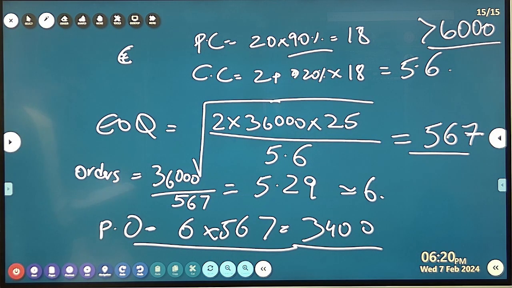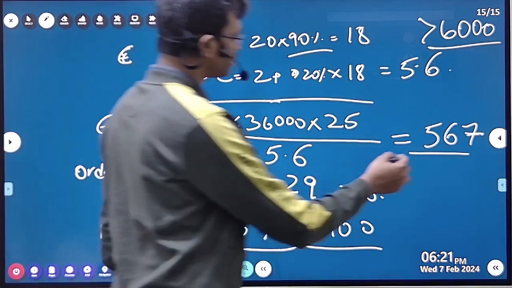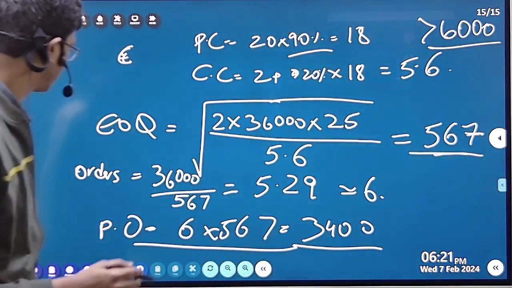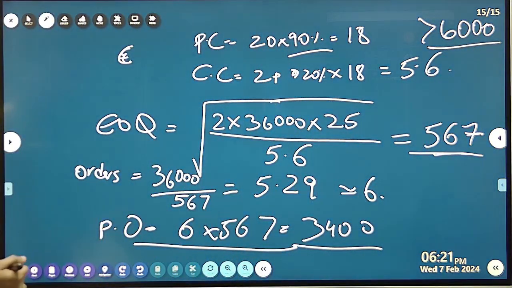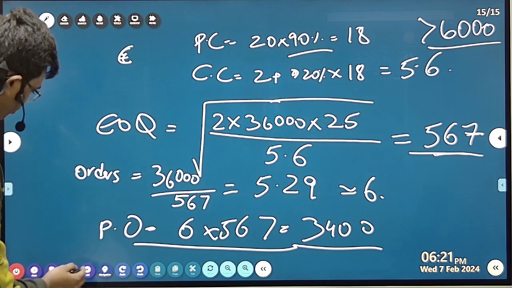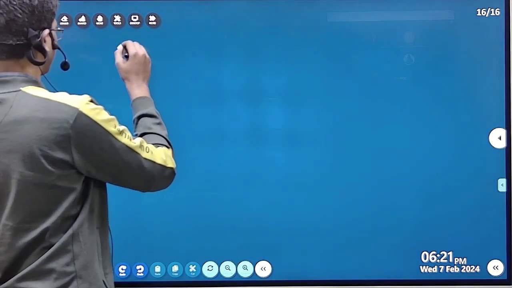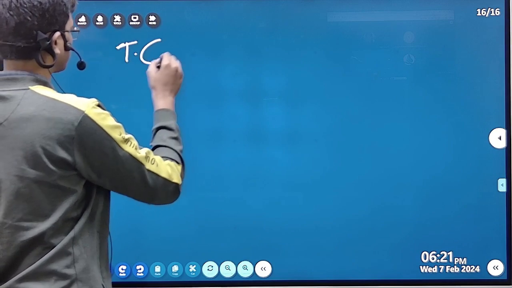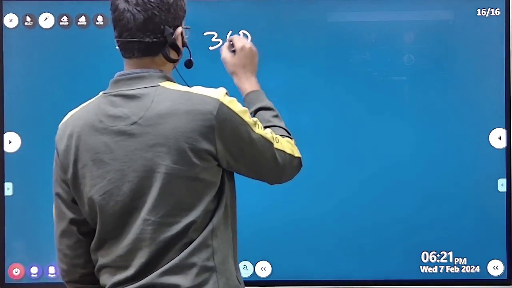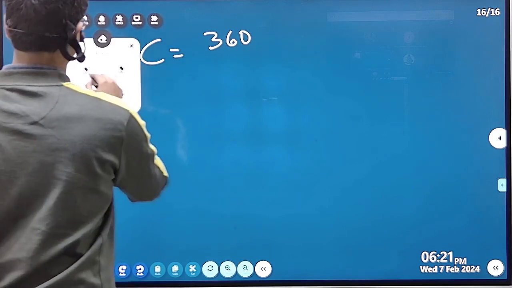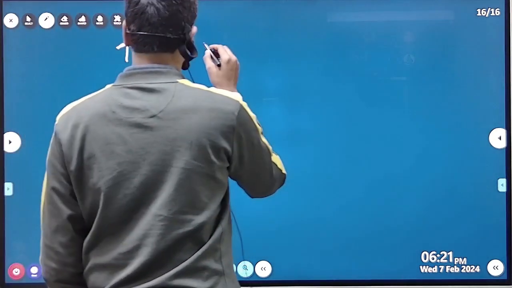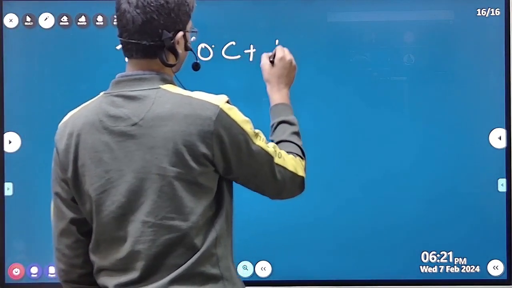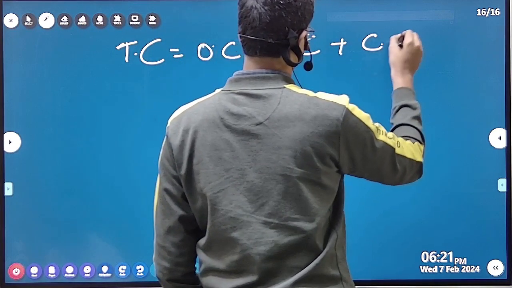So which of the 3 ways of ordering should the company adopt? Okay. So if we cannot order at this EOQ, if we order say 6,000 quantity, let us see what the total cost will come to. So total cost in this scenario would be, let me write the formula: ordering cost plus purchase cost plus carrying cost.